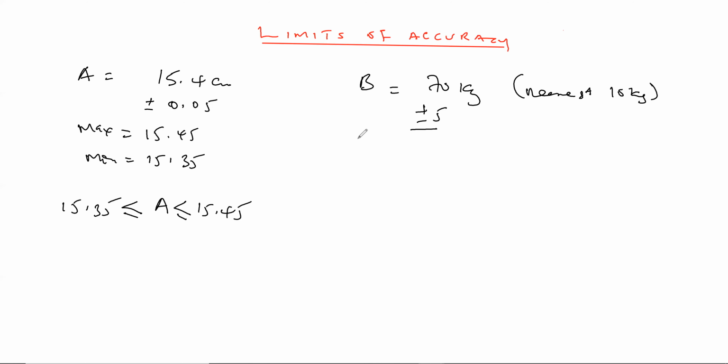So the maximum value you can ever get from this is this plus 5, which is 75. And the minimum means you say this minus 5, which is 65. So when you're writing limits of accuracy for this, you write here the smallest value, which is 65, and here the maximum value, which is 75.